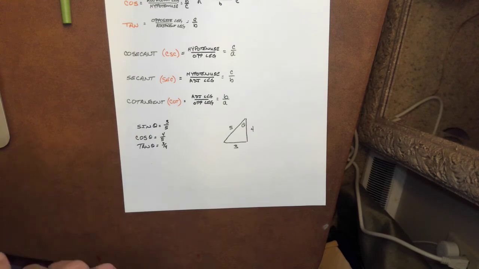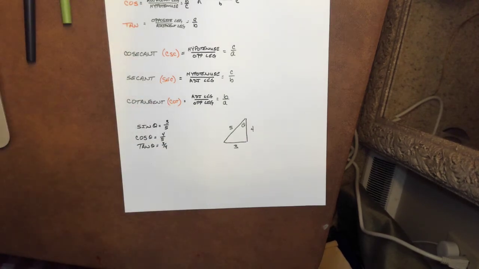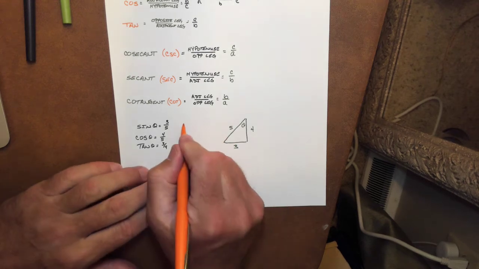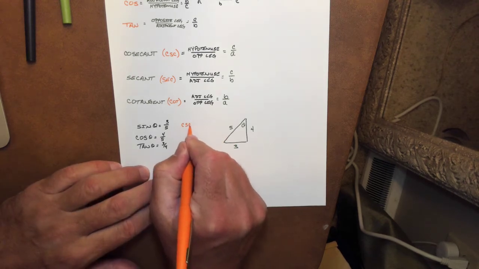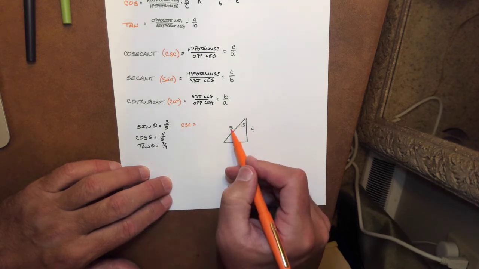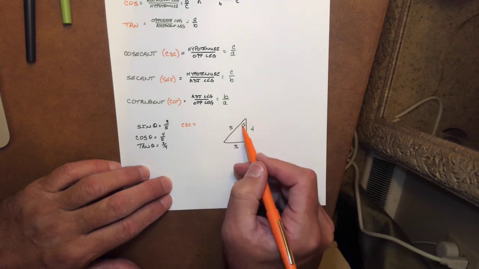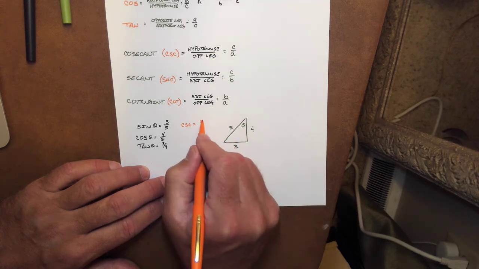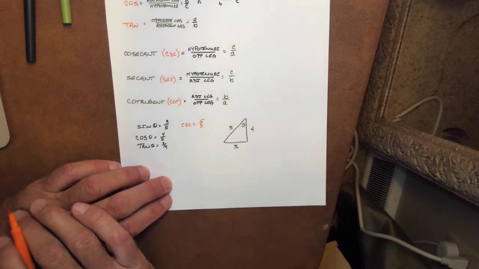I'll change colors for our newfound trig friends. So the cosecant, CSC, is defined as hypotenuse over opposite leg. There's theta. Yes, we'll leave them as improper fractions.